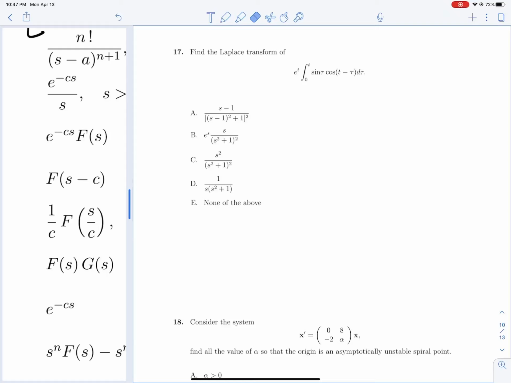So we can treat this Laplace transform like we're only dealing with this integral here, and then at the end replace all of our t's with t minus 1's.